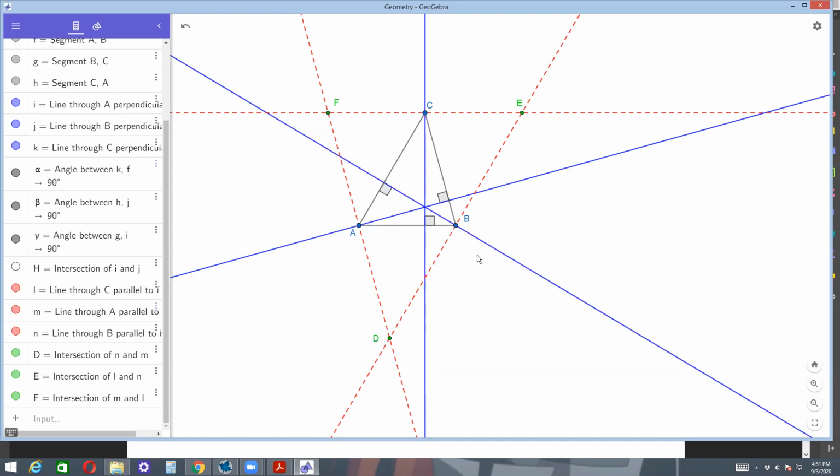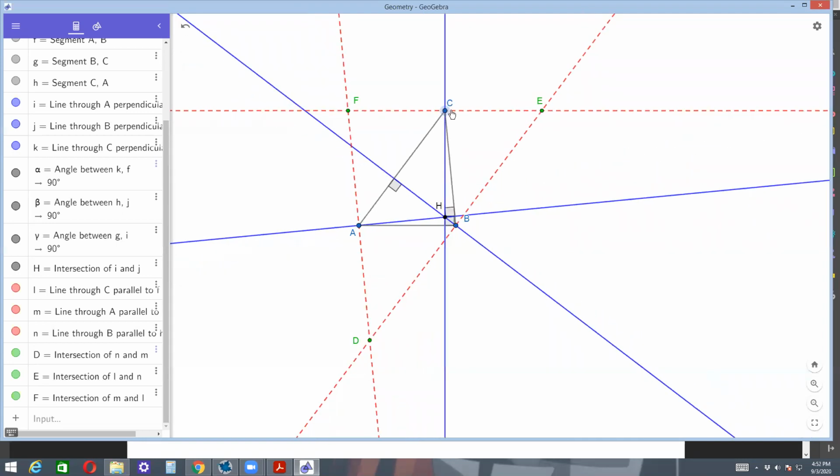And what did we prove about perpendicular bisectors? They intersect at the same point. Correct. So it's an indirect way of proving it using something else we know. So we know that the perpendicular bisectors of DEF intersect at a common point. It means that automatically the altitudes of ABC intersect at a common point.